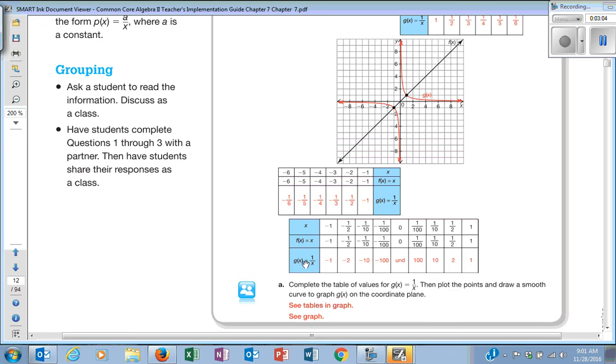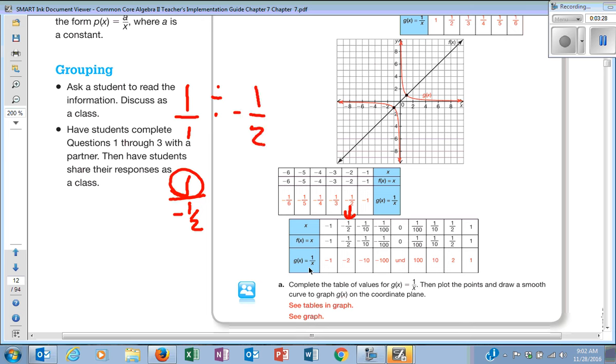So right here is where I'm talking about this box. They plug this in. They get 1 over, what does x equal? A -1/2. Well, what happens when you plug that in? That becomes 1 divided by -1/2.